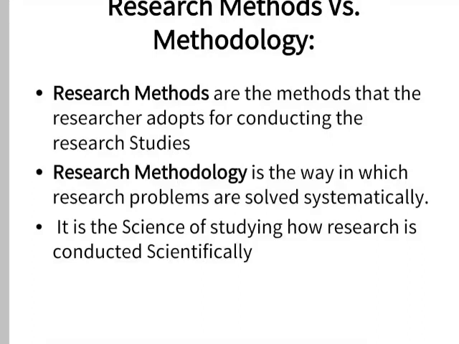So research methodology, we can say, is a broader terminology, and research method is a part of it. Research method is the only method that we select for conducting our research. But research methodology involves everything, including the research method, data collection tools, data collection method, data analysis, findings, and reporting results.